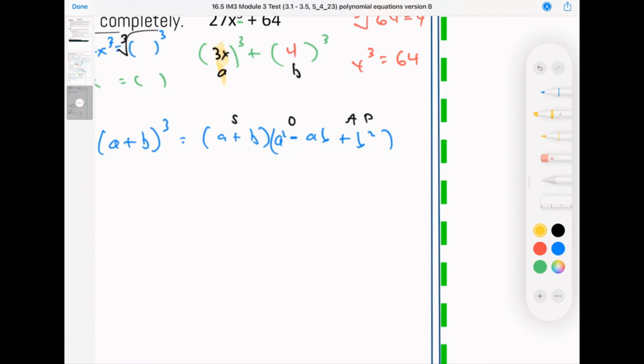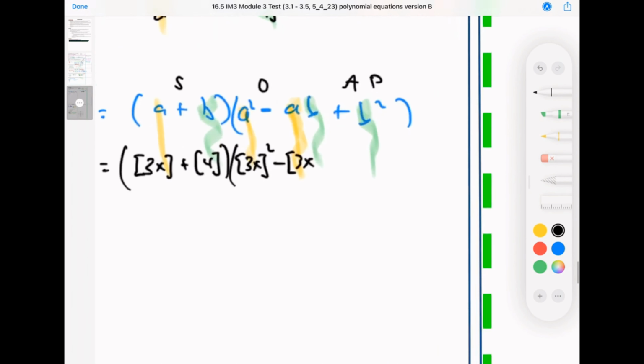So A value is 3x, goes here, there, and there. And then our B value is 4. So A is, pay attention, I like to write this in a parentheses, plus B, 4. My A value is 3x squared minus 3x.